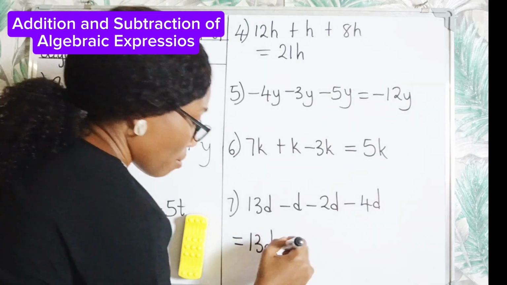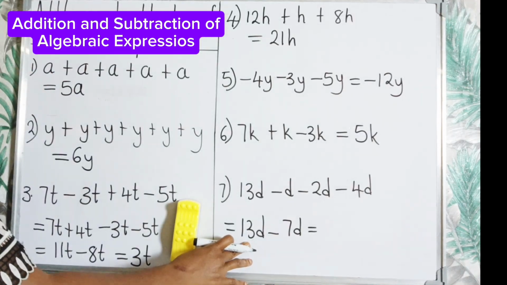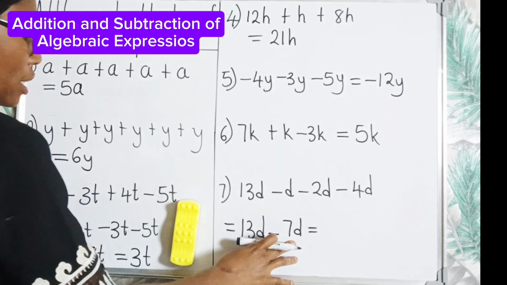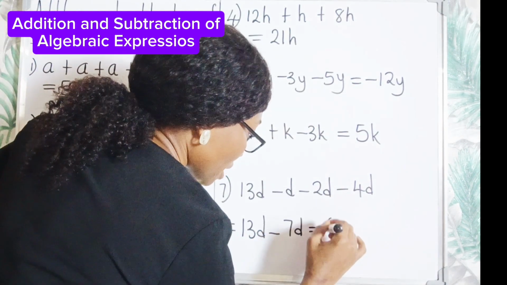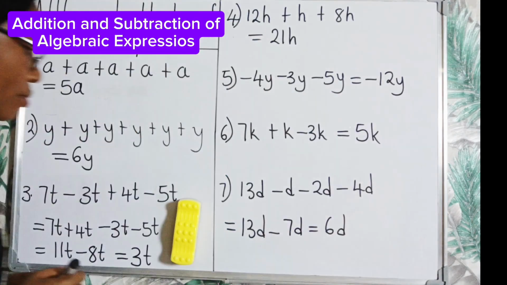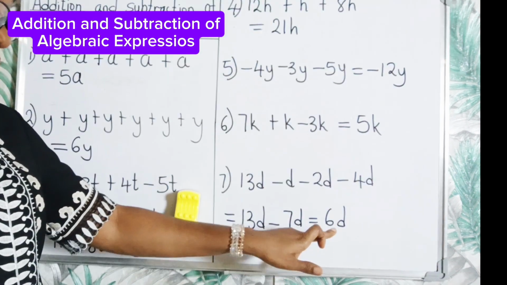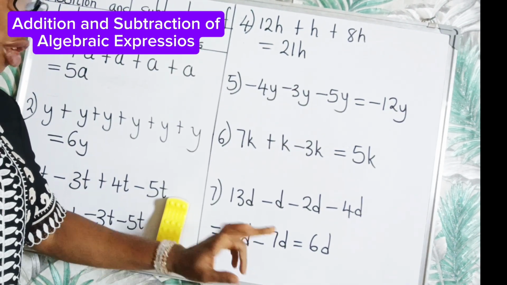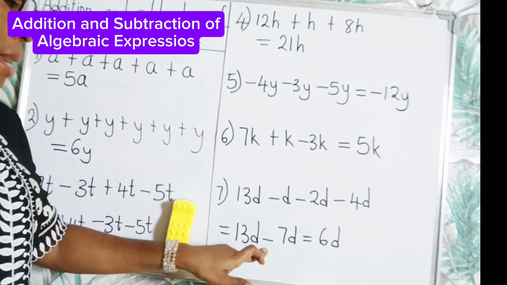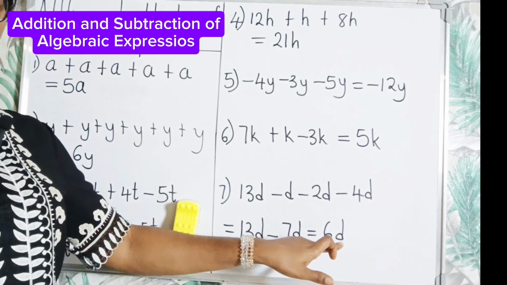So I have minus 7d. 13d minus 7d is going to give me 6d. So 13 minus 7 is 6.